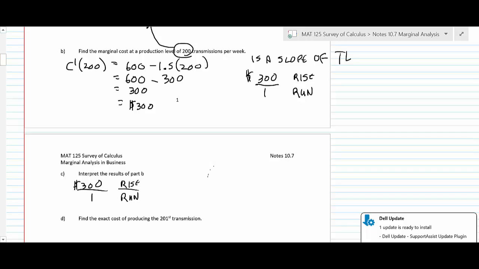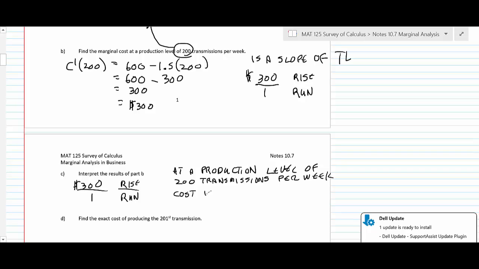What you want to say is, first of all, at a production level, and remember that's important on this, you have a production level of 200 transmissions per week. You always want to write that if you're writing an interpretation. Then what it means is the cost is increasing.